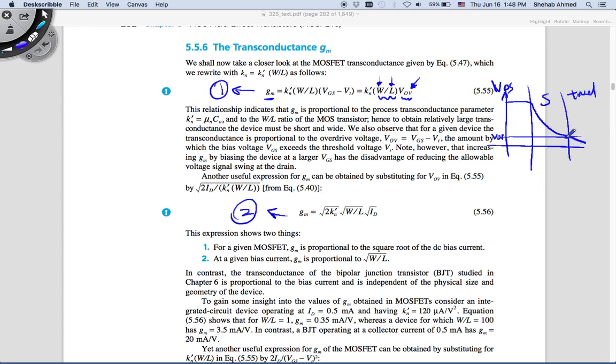That was the limit here. If you increase the overdrive voltage, that means I'm pushing this further up. If I push this further up, I reduce the range of operation as an amplifier. Right? If I push this further up, I will push this triode region to the left. I reduced my ability to operate as an amplifier to locate my operating point, which means my operating point is limited to a small space.